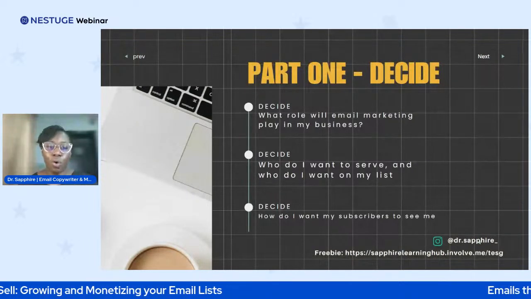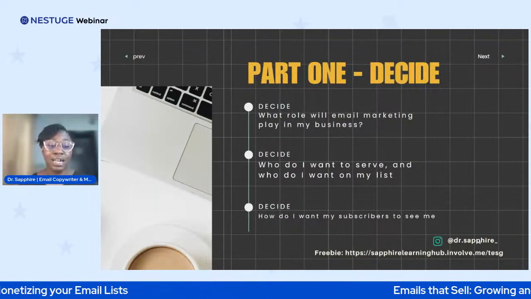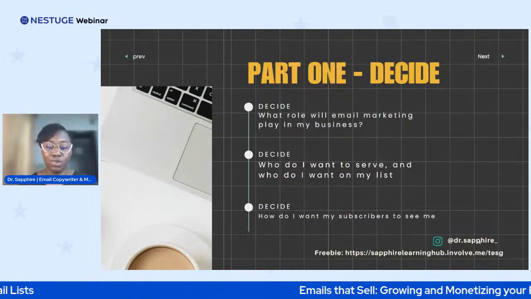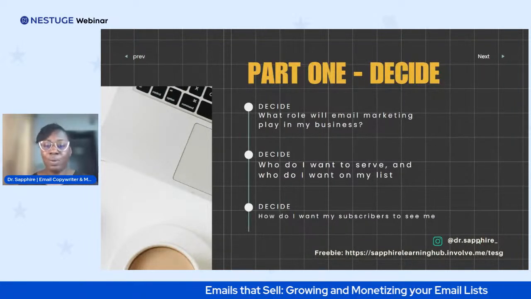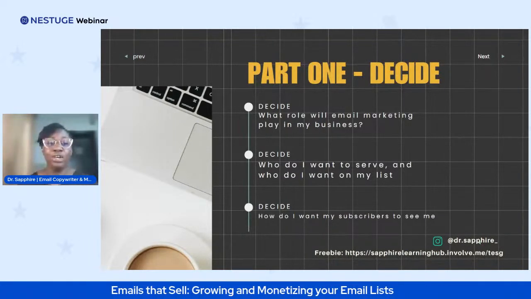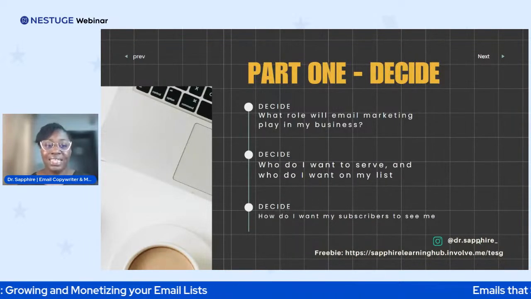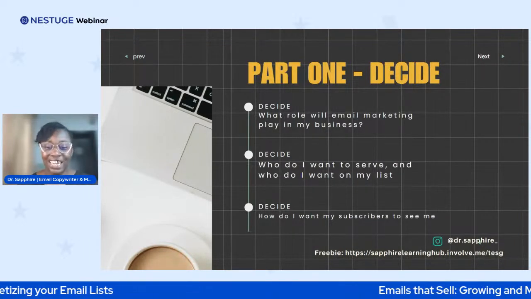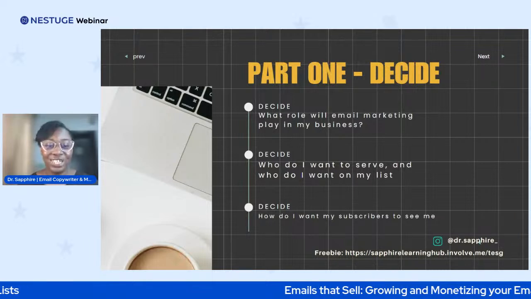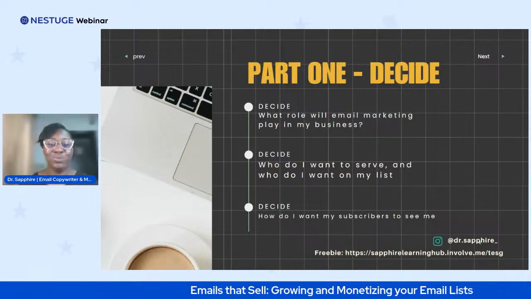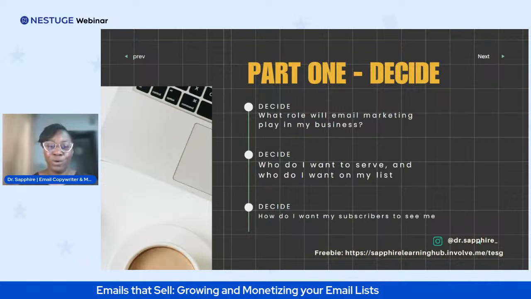So it also decides the kind of emails I send to those particular groups. You don't just wake up and send an email because you feel like it. You have rules that guide you on how you want to position yourself for your subscribers.